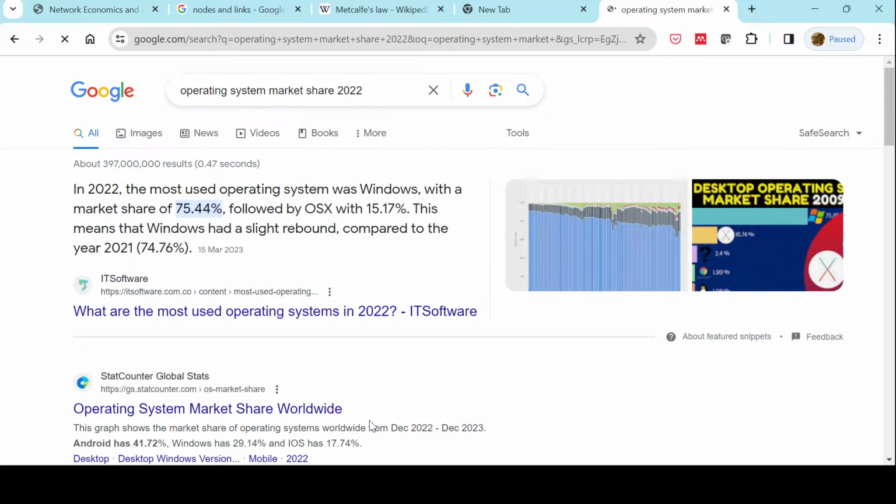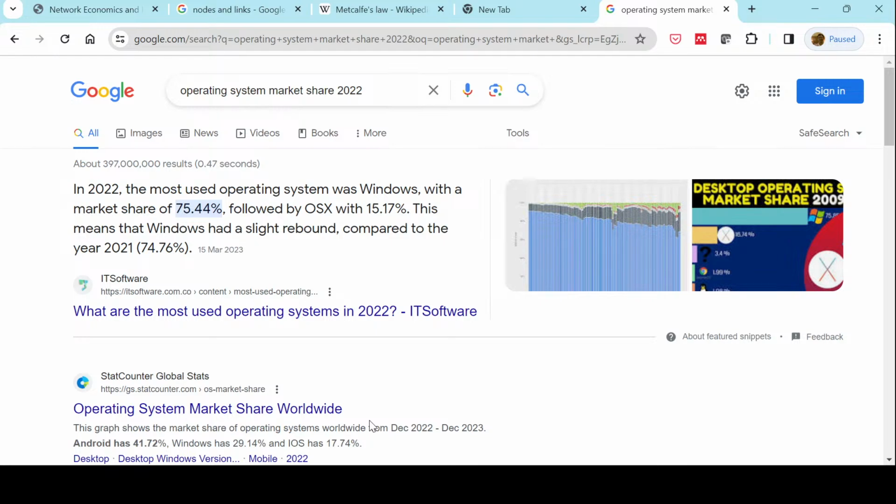Windows with a market share of 75%. Meaning to say, my notebook here, your notebook, our PCs at UKM all run mostly using Microsoft.